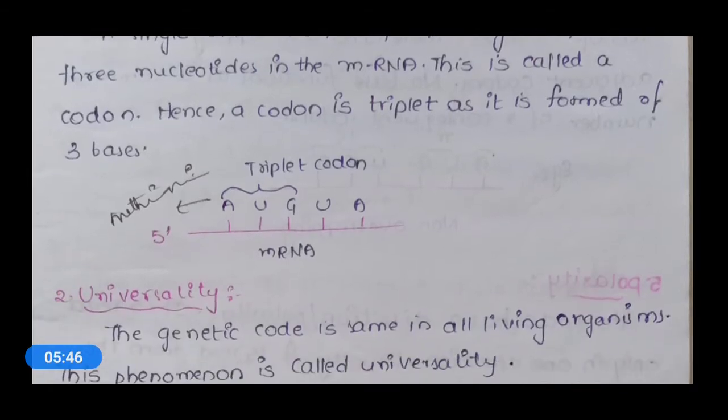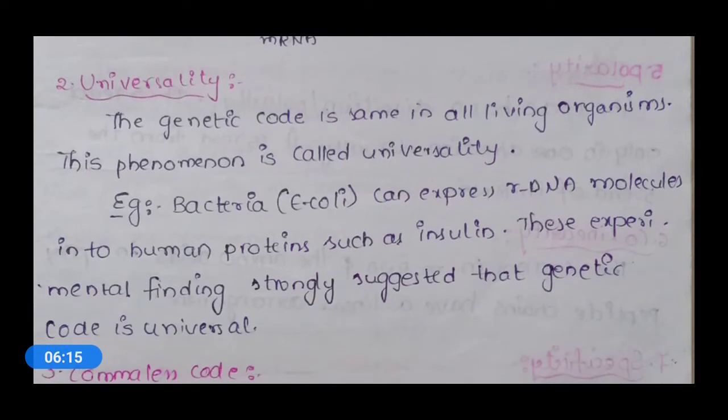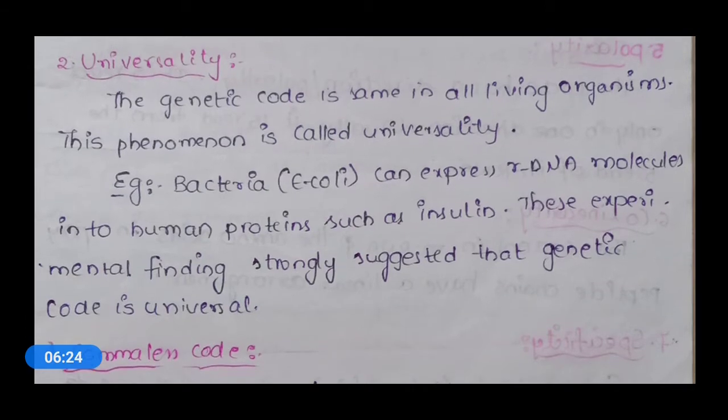The next character is universality. This genetic code is common in all living organisms, that is why it shows the universality character. For example, the bacterium E. coli can express rDNA molecules into human protein such as insulin.